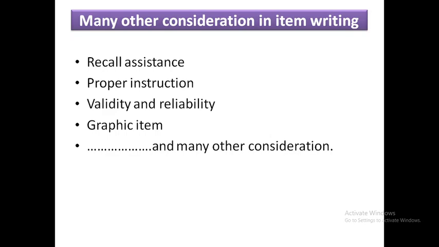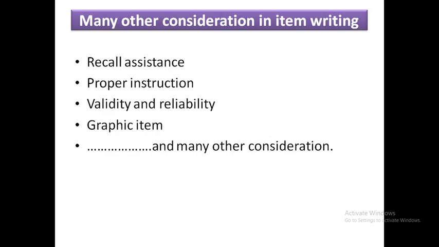Then validity and reliability of item. This is not part of our discussion, but I am telling you that validity and reliability concern whether the items or the questions asked in the questionnaire are capable of measuring the required aspect or not. That consideration is done through validity and reliability tests.